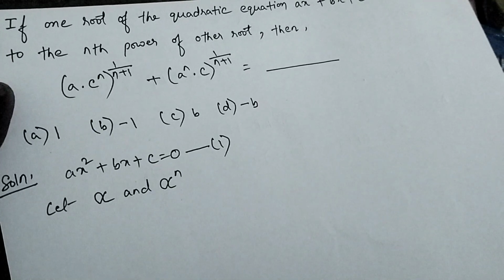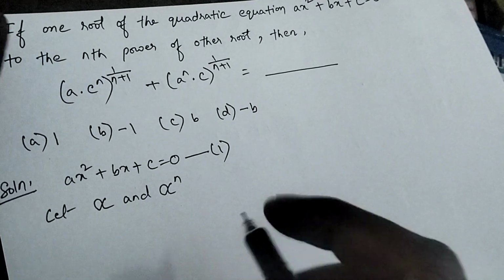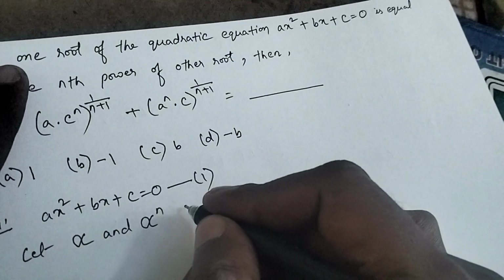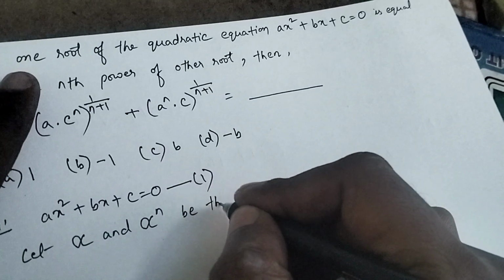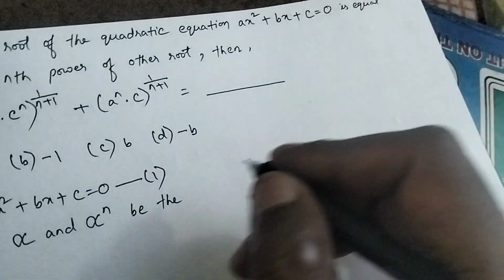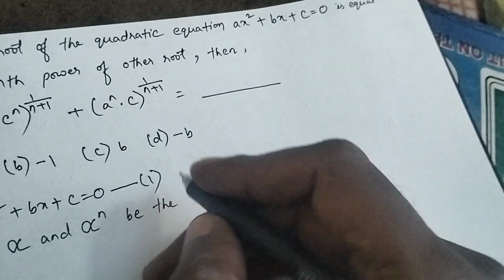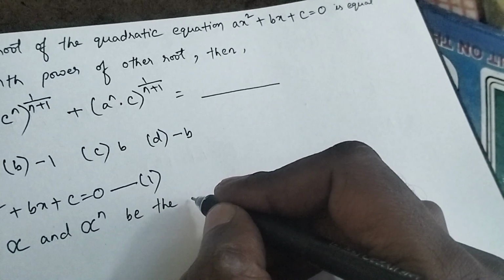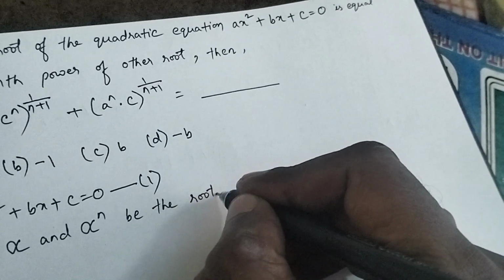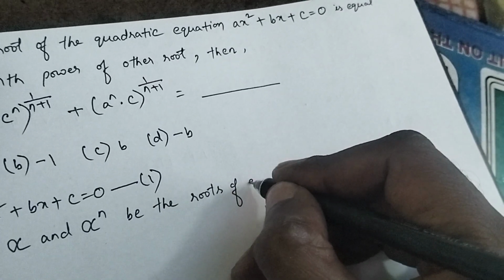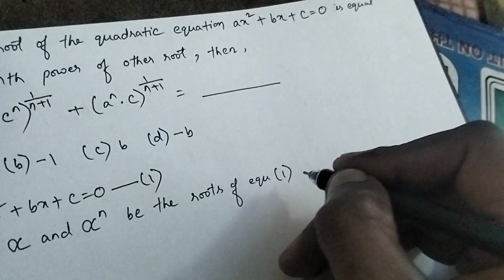So let the two roots, alpha and alpha to the power n, be the roots of equation 1.